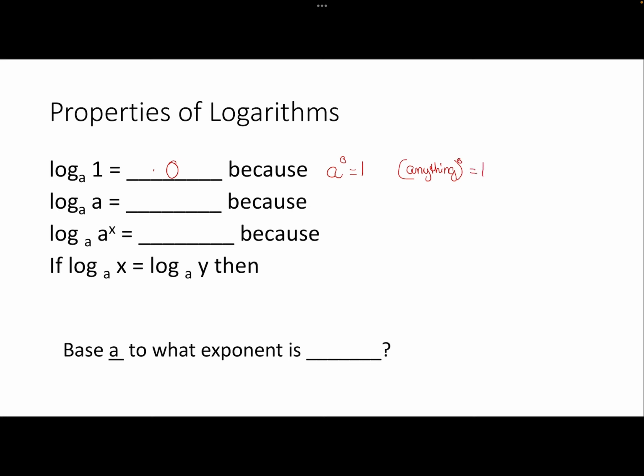And log base a of a is 1 because a to the 1st is equal to a. And log base a of a to the x is what? a to what power has to be equal to a to the x? It's x.